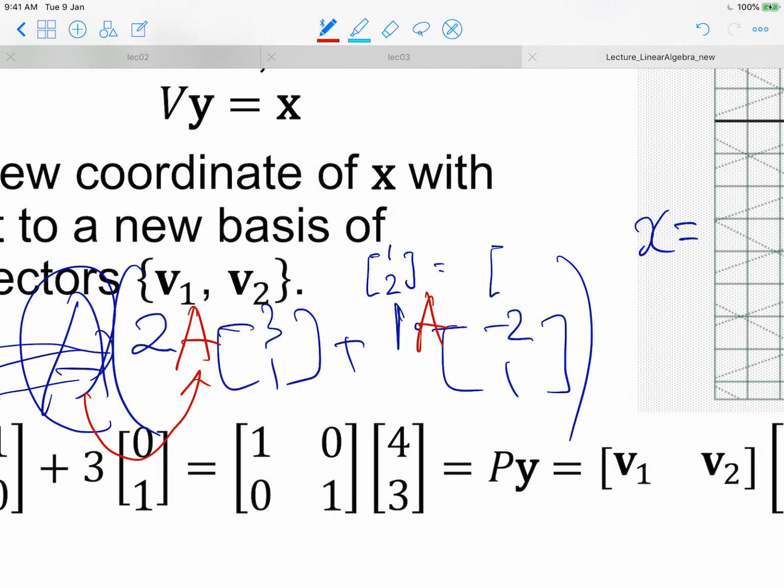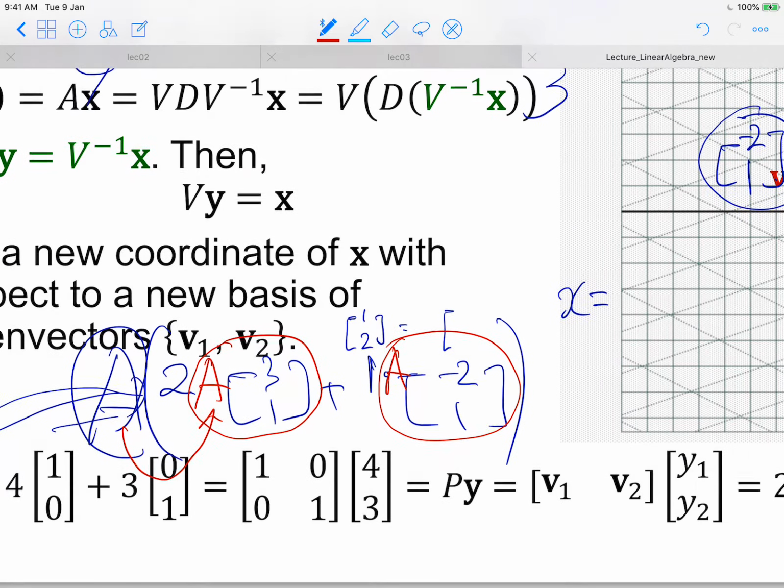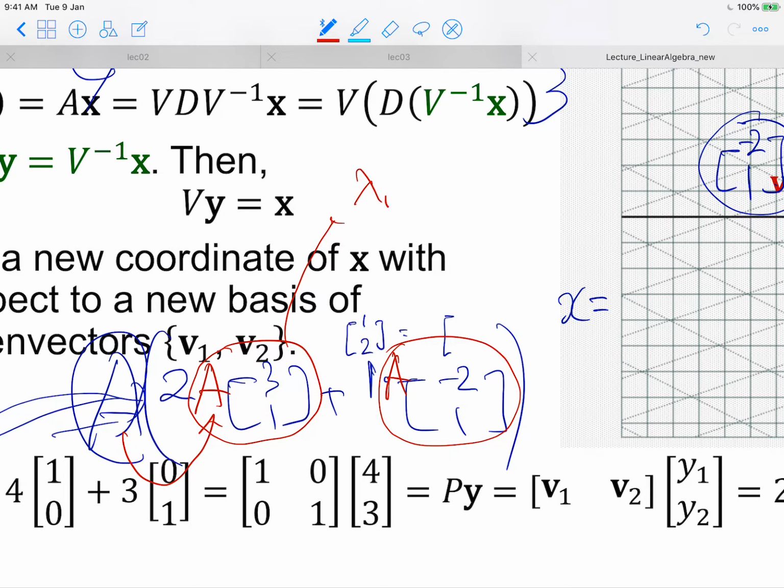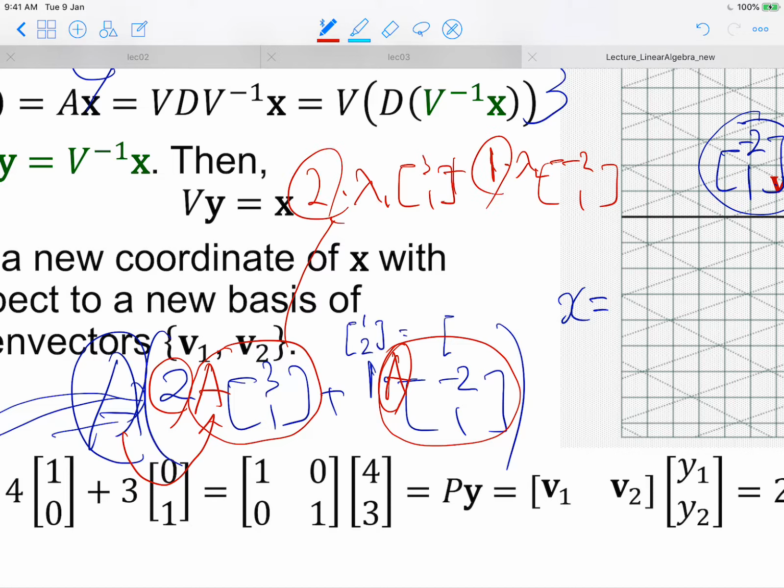So far so good. Then each part can be converted into lambda 1 times 3, 1 and lambda 2 times negative 2, 1. We still have the additional 2 and 1, which are the linear combination coefficients representing the given input vector as a linear combination of the eigenvectors.